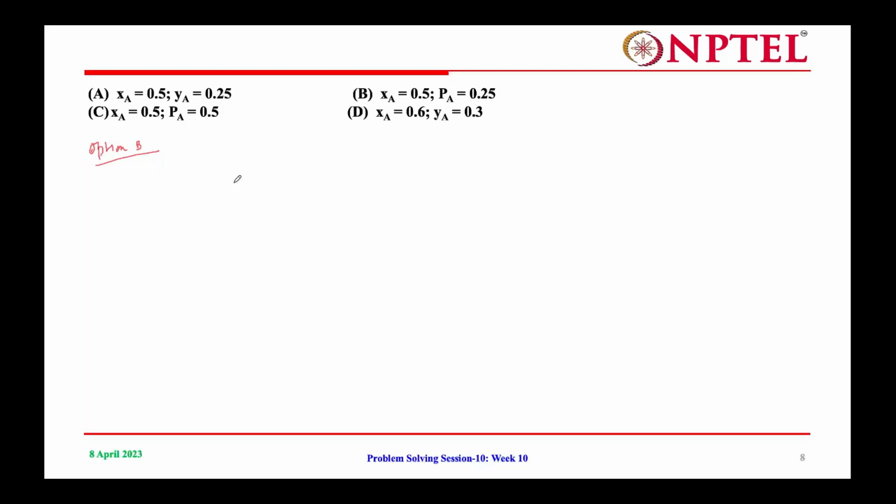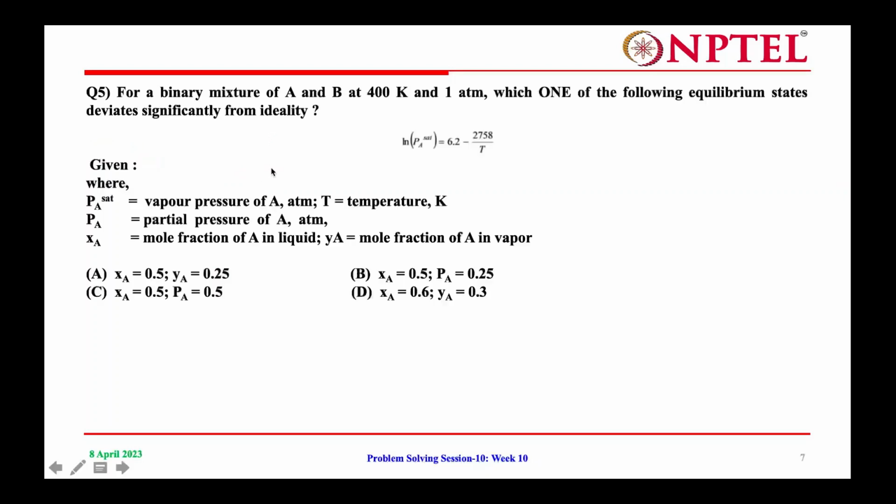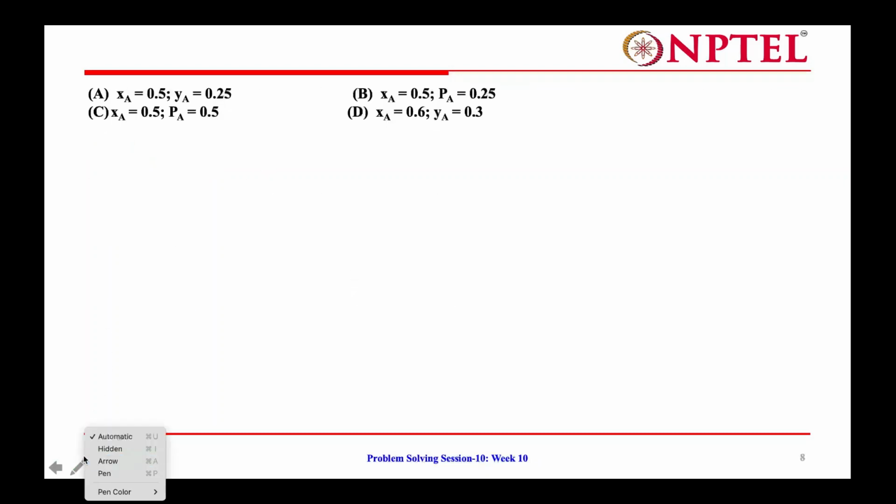So x is equal to 0.5. Now x equal to 0.5, put in equation 2. So PA is equal to 0.25 gamma atm.